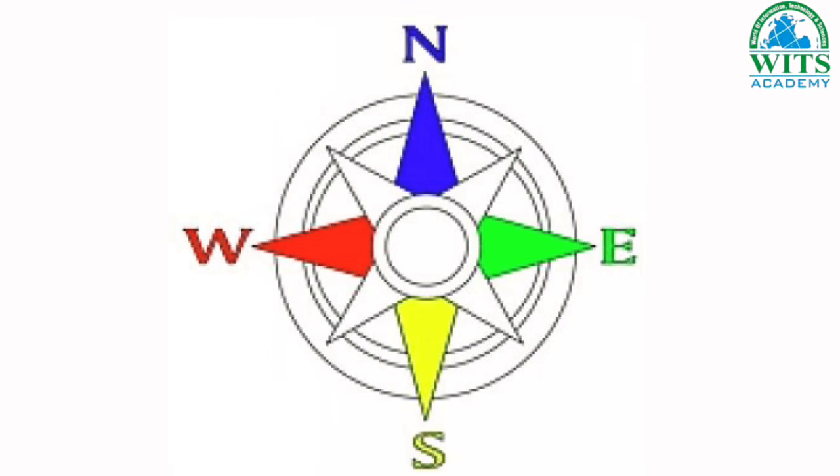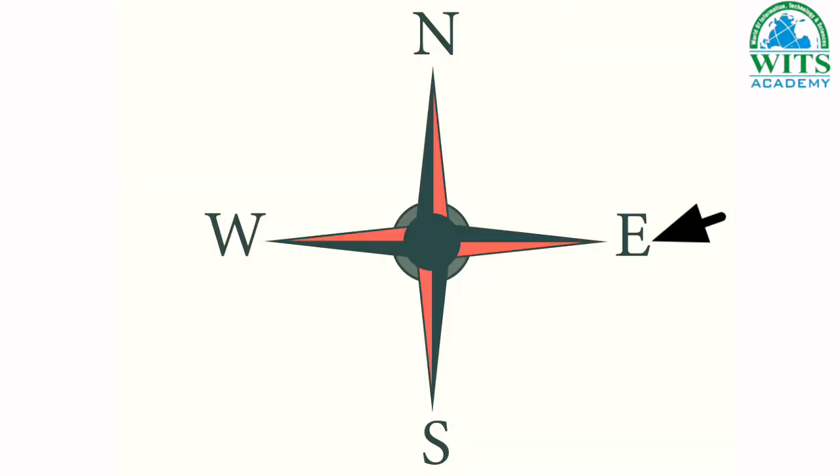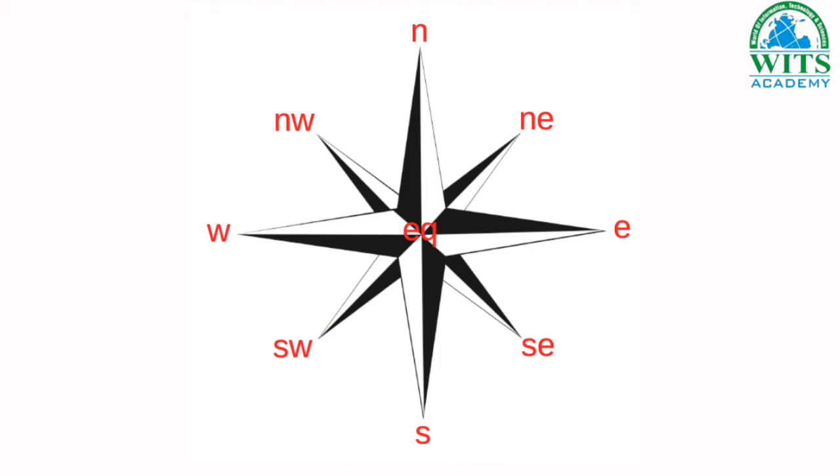Students, there are 4 directions: north, south, east, and west. These are called cardinal directions. Between the cardinal directions, there are intermediate directions like northeast, southeast, southwest, and northwest.